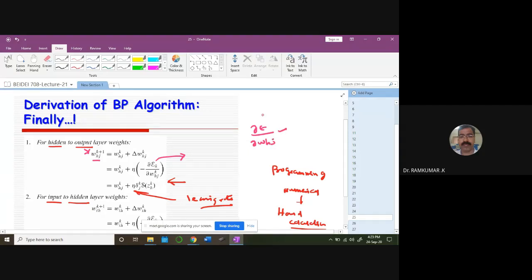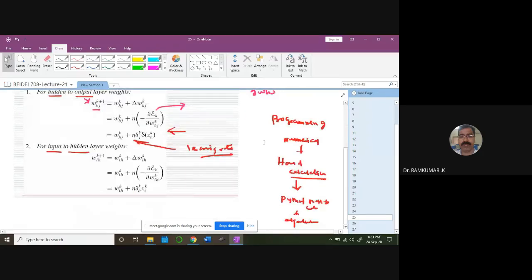You need to compute this. This you are computing using the chain rule. So wherever you have difficulty, you can stop me, so that you can write your code properly. This one is between the input layer and the hidden layer weights, dou E by dou WIH.